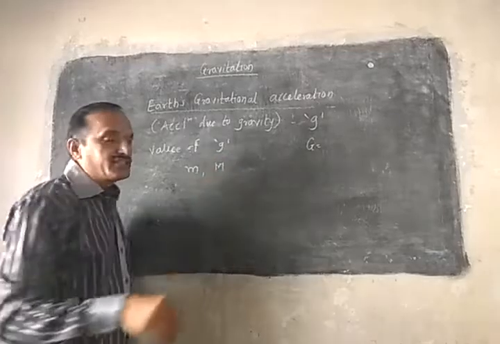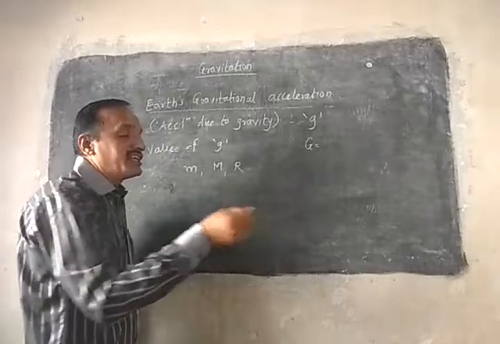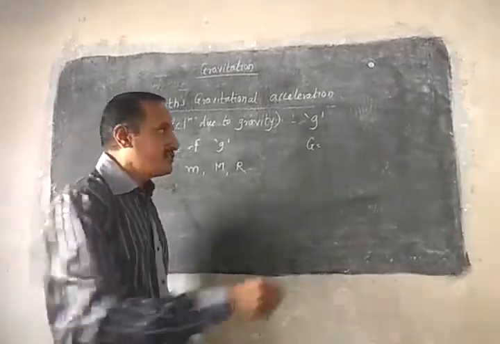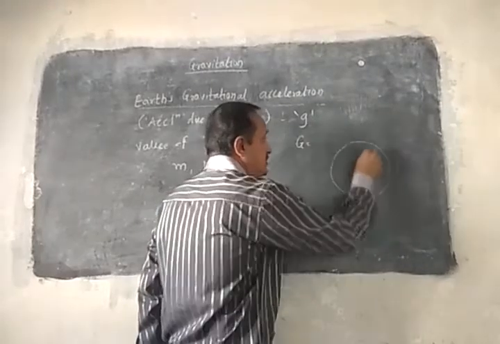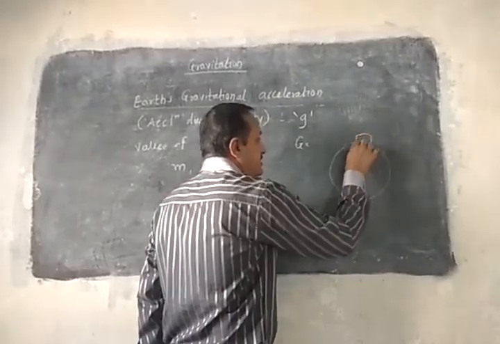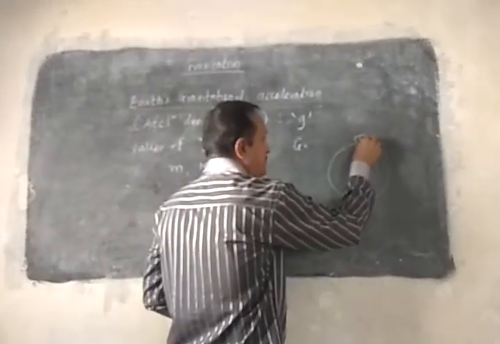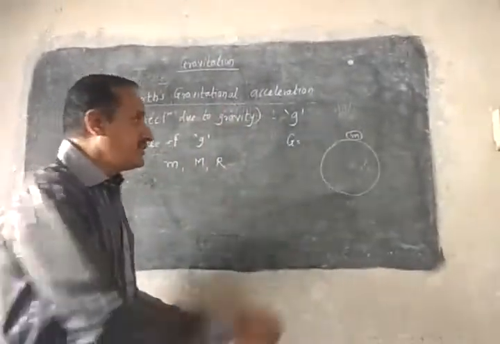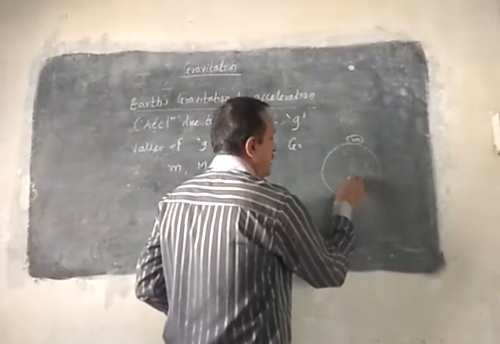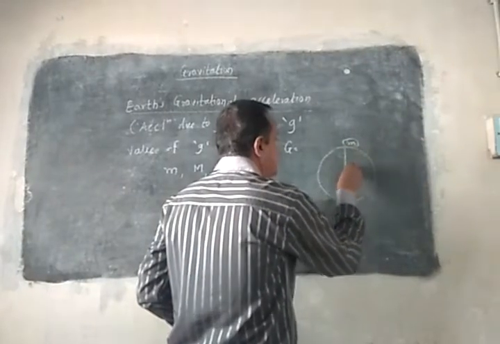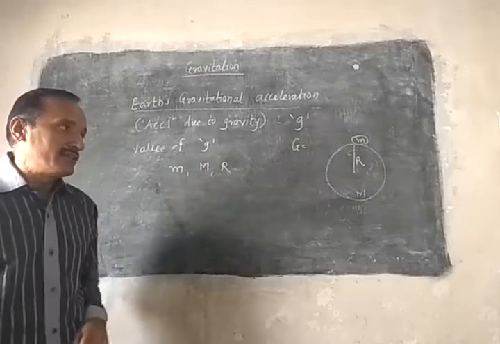Capital M is the mass of the Earth, and capital R is the radius of the Earth. So the object is lying on the surface of the Earth, and its mass is small m, the mass of the Earth is capital M, and the radius is capital R.